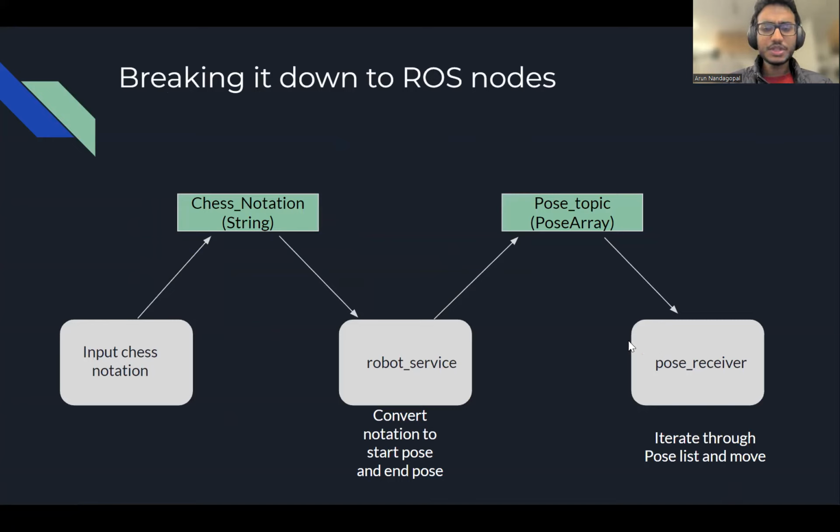So once we have this list of poses, we iterate through them. We take the starting pose, ask the robot to plan for it and then move it, and then we go to the next end pose, plan it and move to that particular pose.